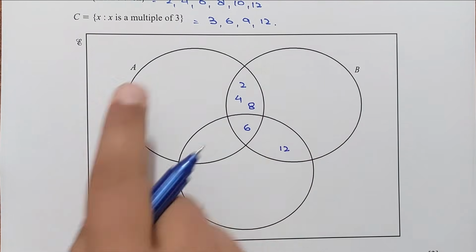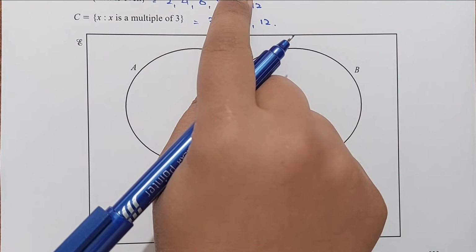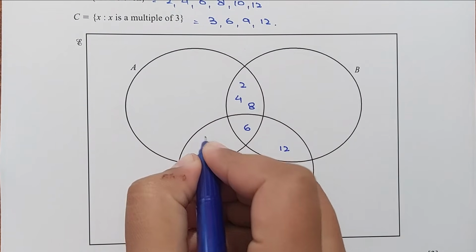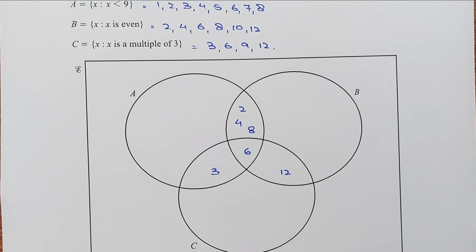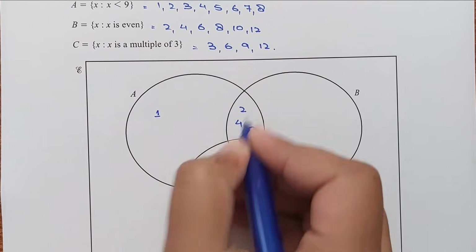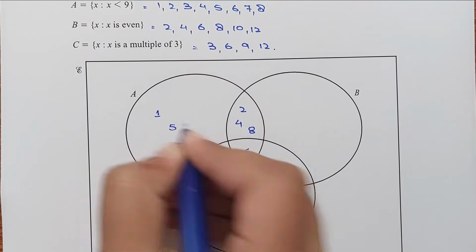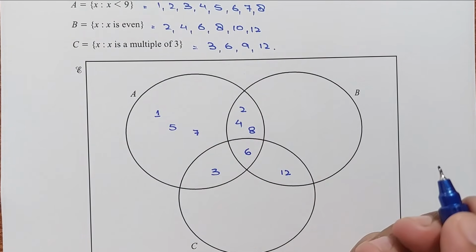Okay, intersection of A and C. 3, 6, 9, 12 and 1 to 8 gives 3, 6. We have 3. Now the elements left for A, which are 1 to 8: 1, 2, 3, 4, 5, 6, 7, and 8.